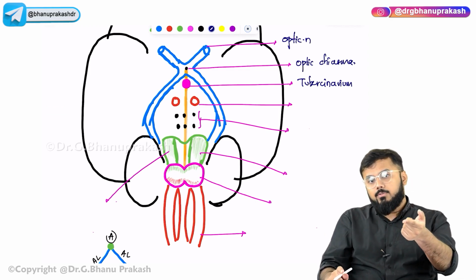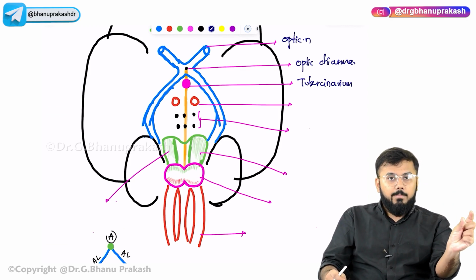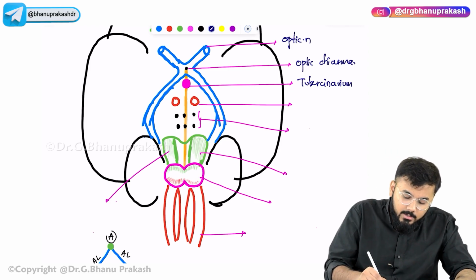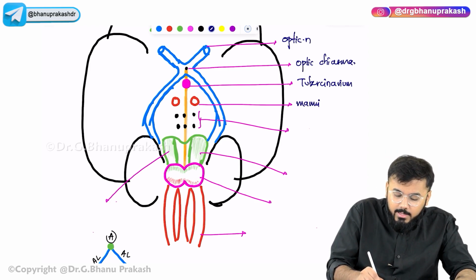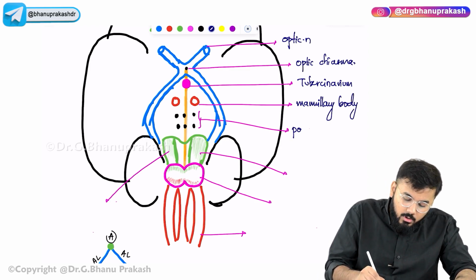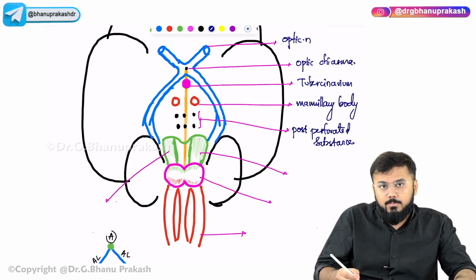Go to that page and see the inferior wall one by one. First you have optic chiasma, second tuber cinereum, third the mammillary body. After that you have the posterior perforated substance.